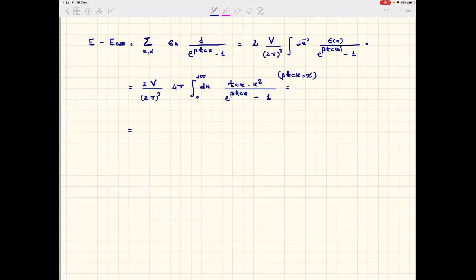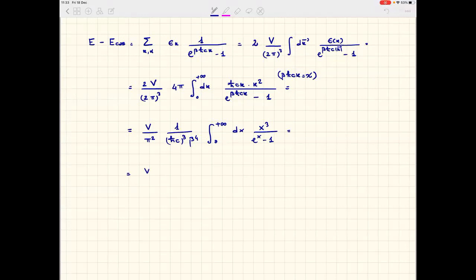All right, so now I change variables. What do I get? I get V over pi squared, and then 1 over h bar c cubed beta to the fourth, and then the integral between 0 and plus infinity dx x cubed divided by e to the x minus 1. This is the same integral we encountered last time, right? We know what it gives.